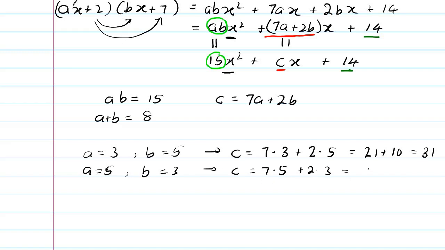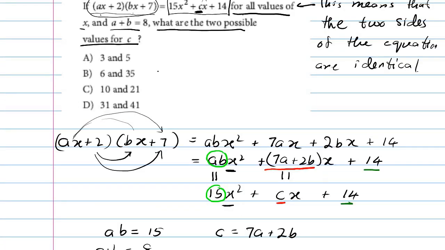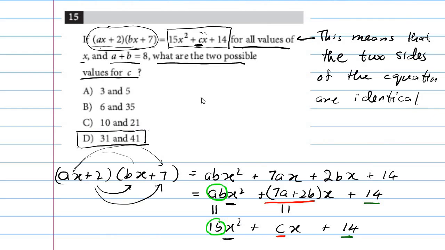So 7 times 5 is 35 plus 2 times 3 is 6, that's 41, right? Okay, do we have the answer 31 and 41? Yes, we do. That's D here.